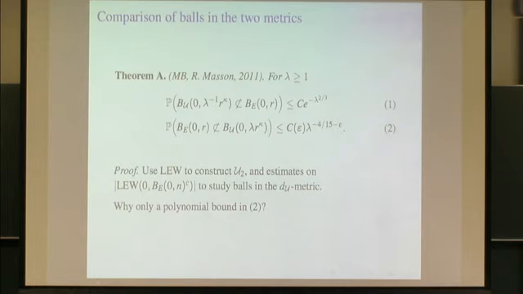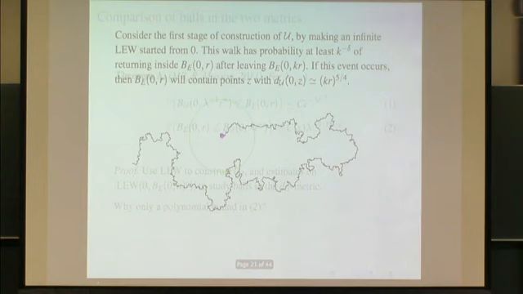The bad event is that we have an intrinsic ball, which might look like that, and so a smaller Euclidean ball fails to be contained in the intrinsic ball. To see why we should only expect a polynomial bound here, let's look at the following picture, and remember how you construct the uniform spanning tree in 2 dimensions.